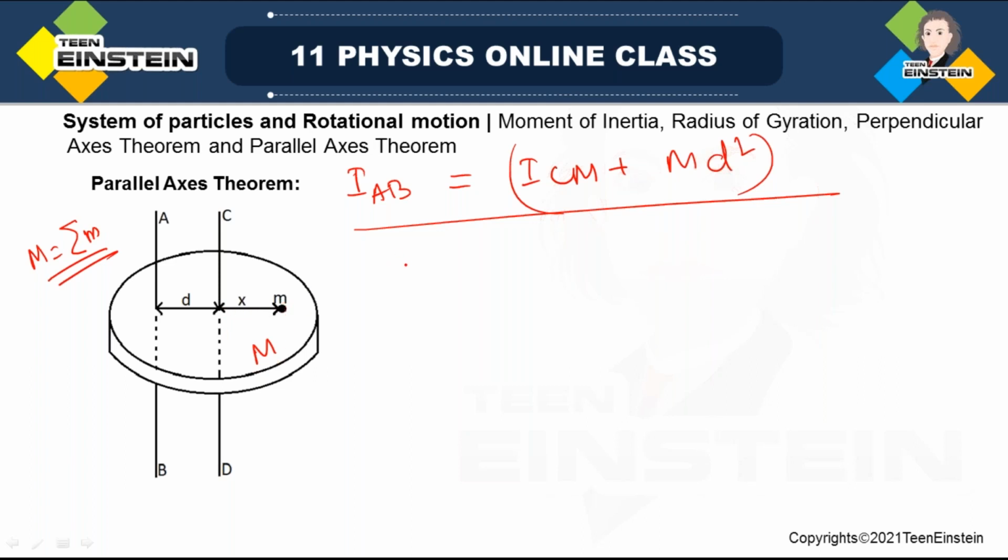If I want to calculate the moment of inertia of this particular object about this AB, I'll write m into x plus d whole square, because this is the total distance of this particular object. So the moment of inertia of this point mass about the AB axis will be given by m into distance square, so x plus d whole square.